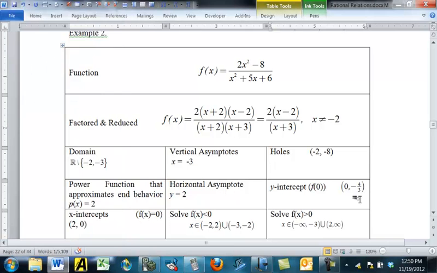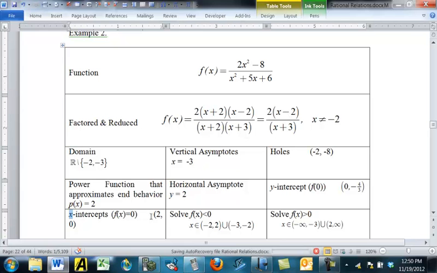Alright, let's see what else. Well, let's go to x-intercepts. That's pretty important. Let's look in the reduced version and see what makes x 0.